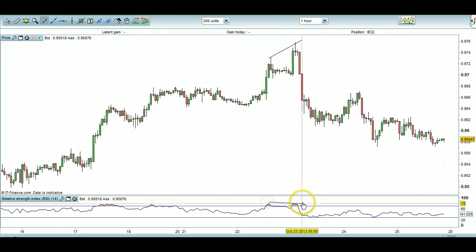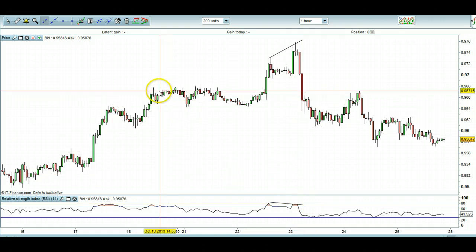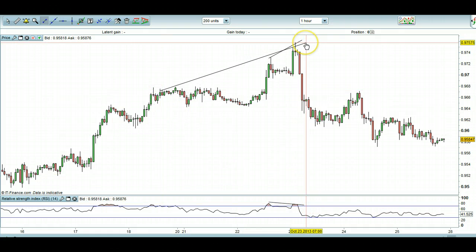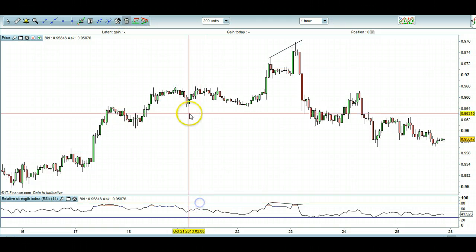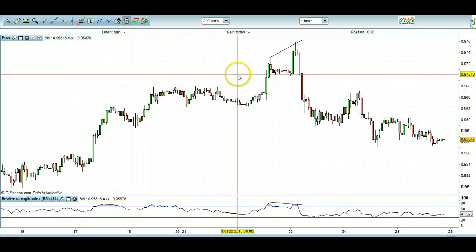And here the RSI is showing divergence. So that was the 4-hour one, which is this one here, and that is the 1-hour one. So it's divergence within divergence.